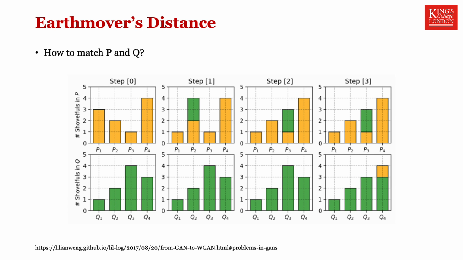For example, if you compare orange and green on step 0, you see that the value in P1 is much larger on the orange distribution, the distribution of P, than it is on the distribution of Q. Because of that, the model can say, okay, in the next step I'm going to move some of the distribution from this part here, because I have 2 units more than I have on this one, and I'm going to move it to the class next to it. You see that these 2 units have now moved to the next line.